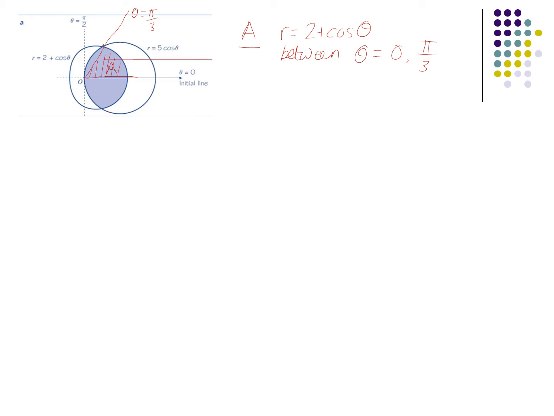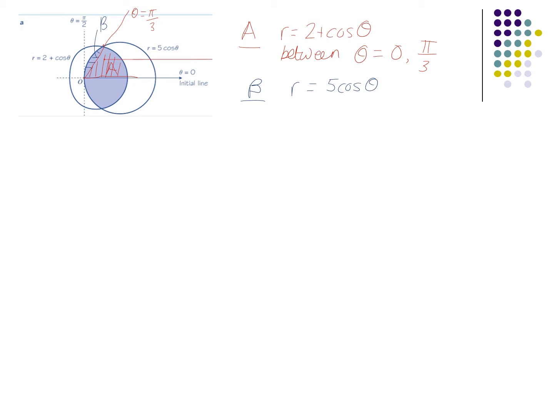So the second bit we need to do, I'll just put some lines on there, and I'll call that region B. Now we can see region B. Look at where the boundary of it is. The boundary is the curve r equals 5 cos theta. What are we going to use for our limits?